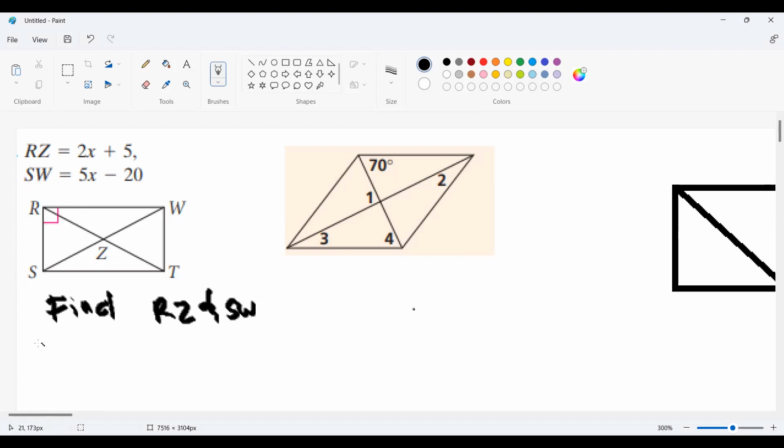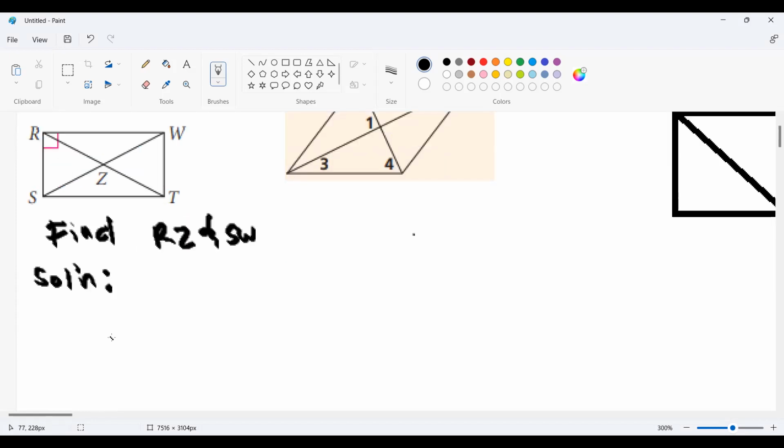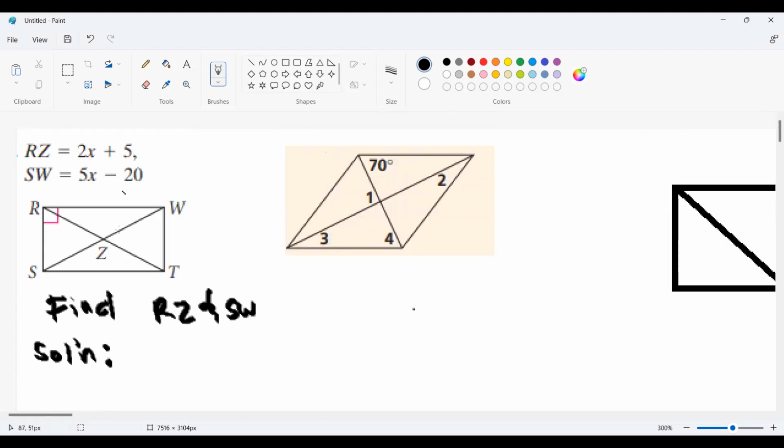So we can easily say that RT is equal to SW, but the given is not directly RT, rather it's RZ.